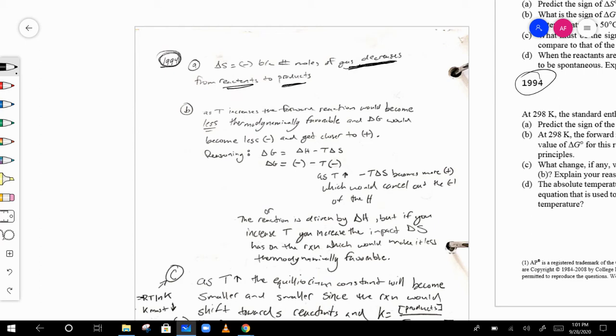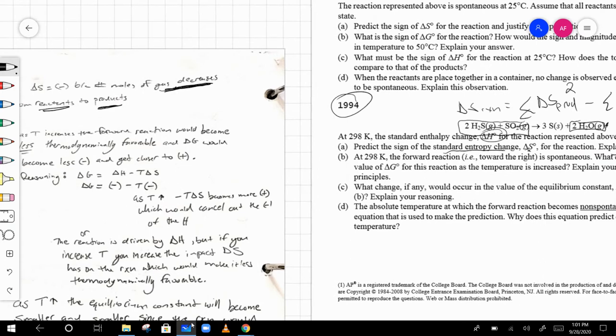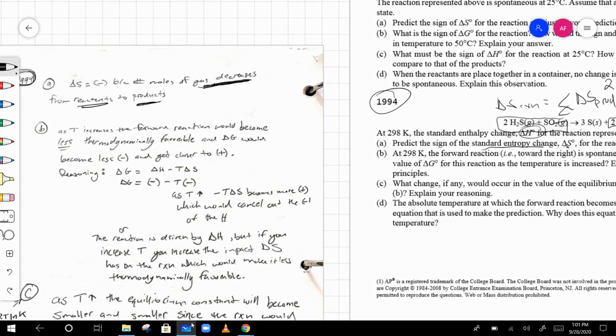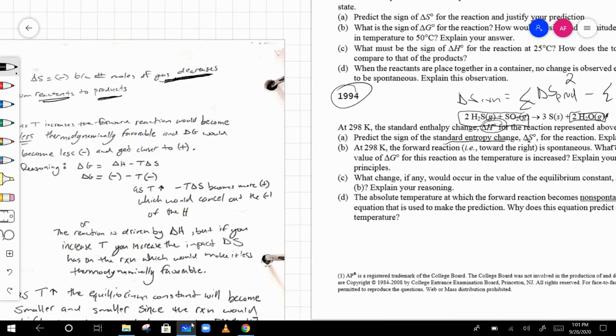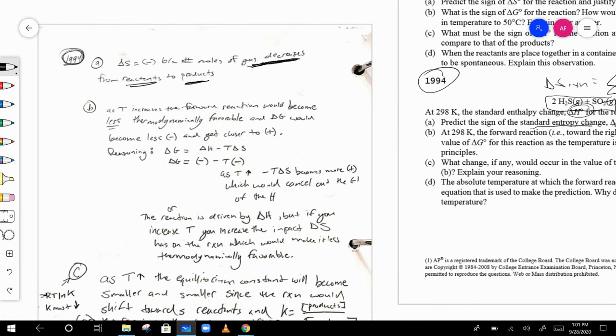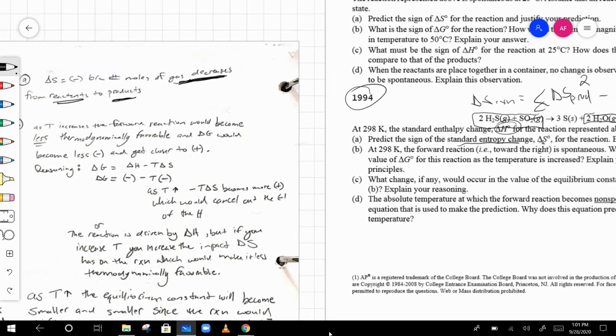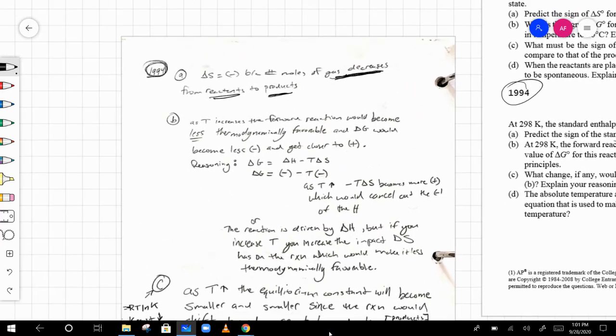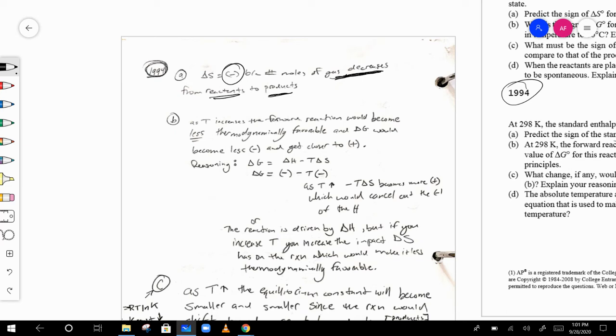Did I say that wrong? Oh no, I said that right. It's products minus reactants. So products has 2 minus reactants is 3. So you get a negative entropy. You get less disorder.